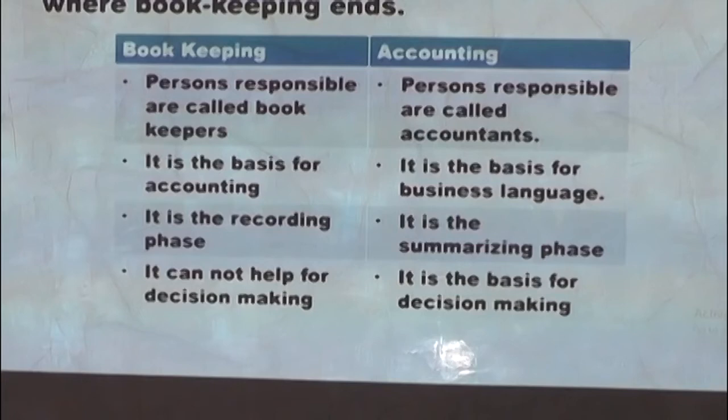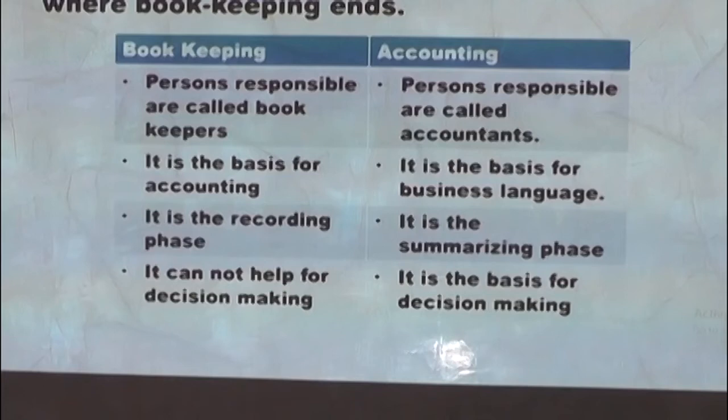Now, the next we said it cannot help for decision making. That is bookkeeping. Bookkeeping cannot help for decision making because it is just a record. Take for example, I have a record called cash book. All the sales that are made on a daily basis will be recorded in my cash book. Then all the credit sales that are made during the day will also be recorded in the credit book.